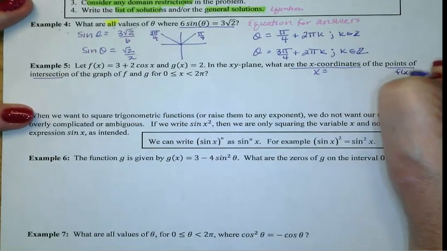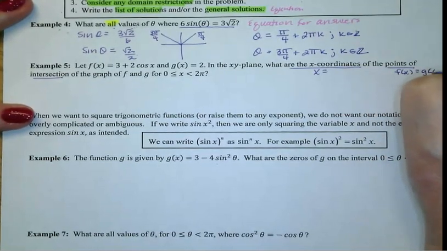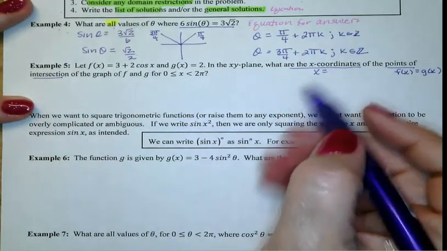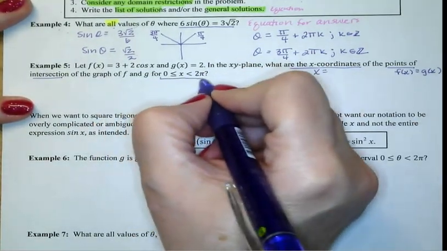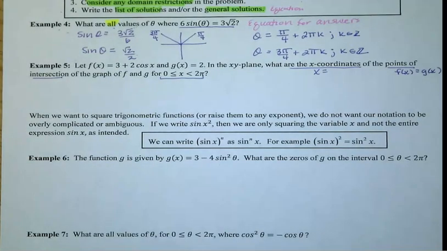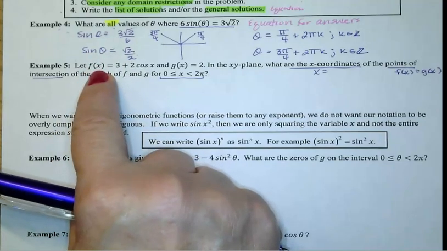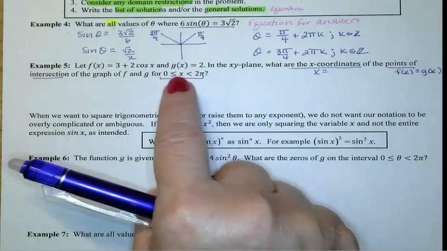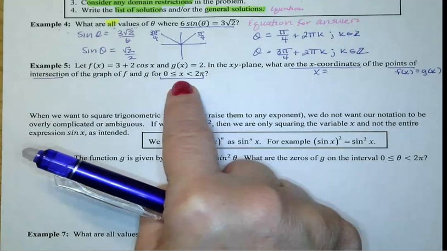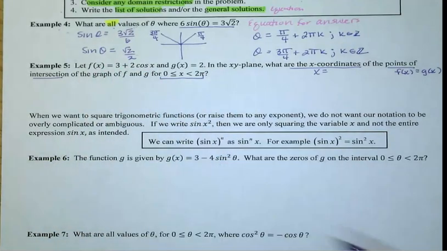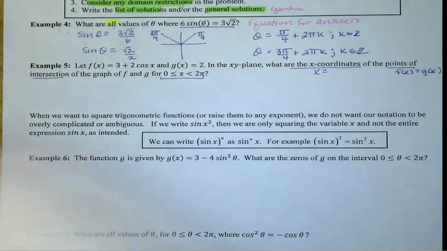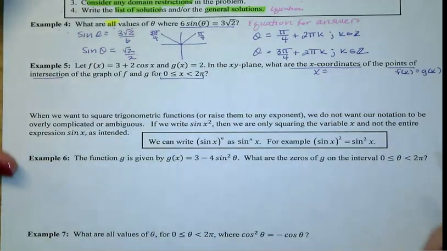That means f of x has to equal g of x on the graph of f and g for this restriction. You might check your note page. I noticed there were some discrepancies, like the question says in terms of x, and the restrictions say theta. Just make sure they're the same. You can change them to be either way. I think I changed this one from theta in the restriction to an x.